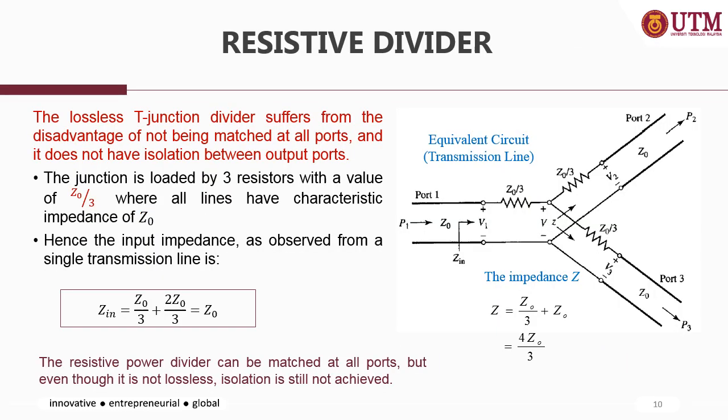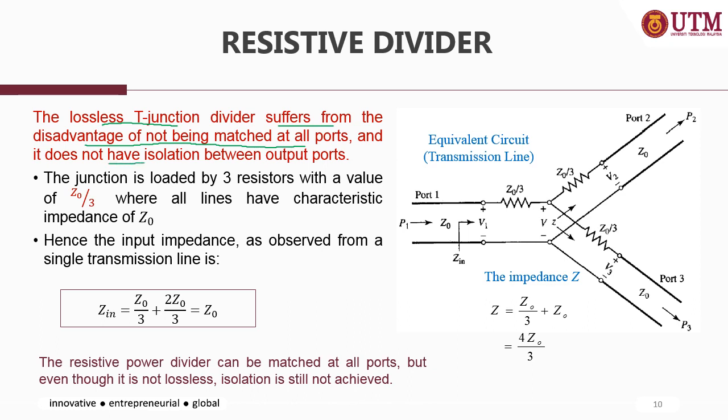Okay, next, in order to improve the T-junction further, because it is difficult to get the 3 ports matched simultaneously, the resistive divider is introduced. As mentioned here, even the lossless T-junction divider suffers from the disadvantage of not being matched at all ports, so all ports cannot be matched simultaneously.